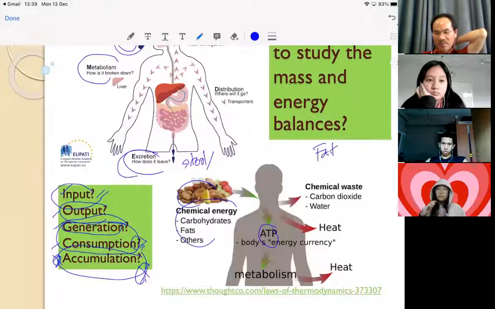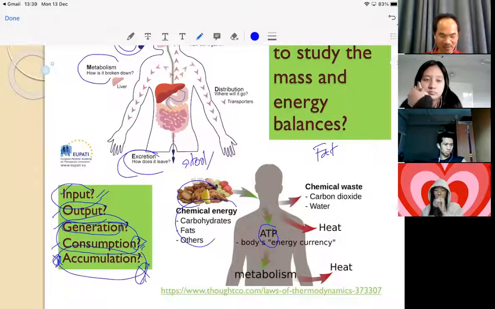We would like to talk about the mass and energy balance. We have input, output, generation, consumption, accumulation for mass and energy balance. I compare it to your body because it's easy to understand, like why your weight increases. You have to control the food, to control the accumulation.